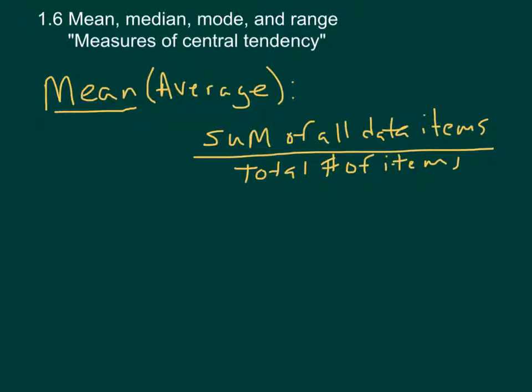Okay, and that's pretty much it. We add them all up, and then we divide by the total number of items that we had.